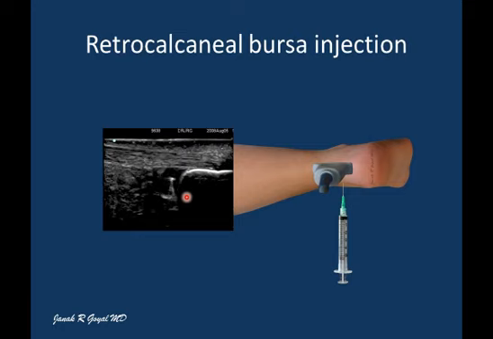The needle is directed in the bursa from medial to lateral or from lateral to medial, and will be seen as an echogenic dot entering the bursa.